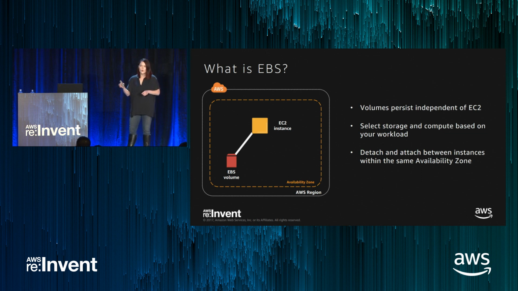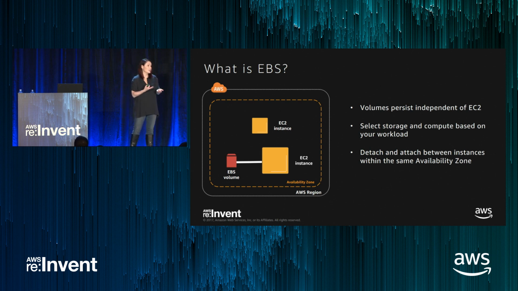So you don't have to go with whatever instance and storage happens to be bundled with your storage-optimized EC2 instance. You can detach and attach a volume to another EC2 instance within the same availability zone. And the benefit there is that it allows you to recover gracefully, for example, from instance failures.